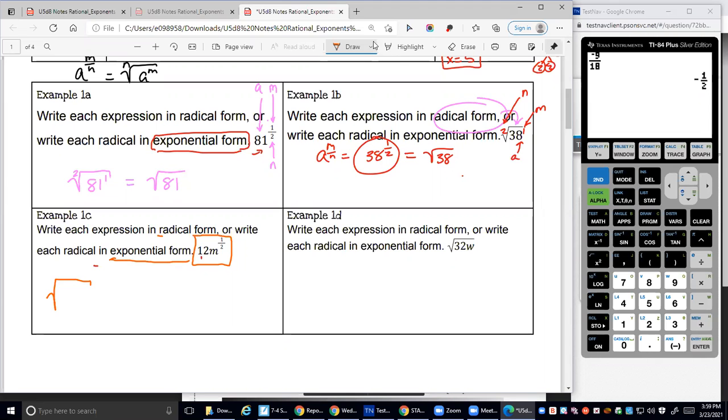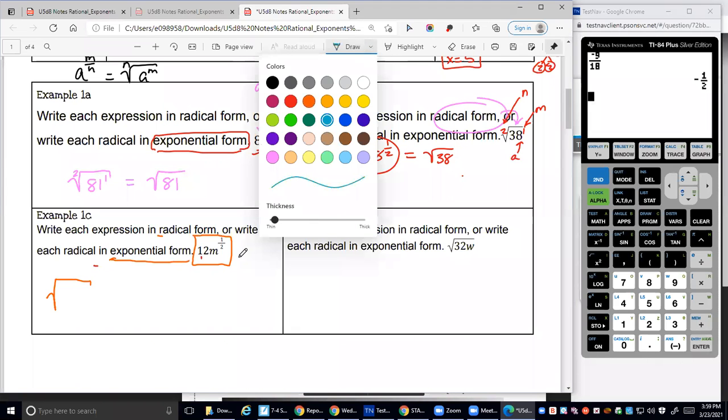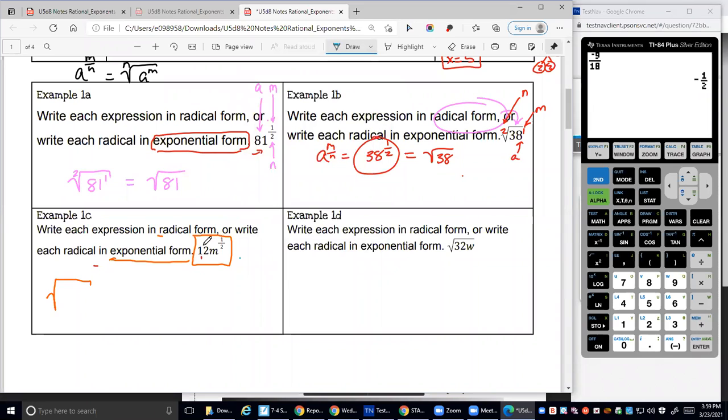So I think what was really important, especially after yesterday, right? We talked a little bit about this one. It's important to remember that 12 has an exponent of 1, right? The exponent of 1/2 only applies to m, right? And so this is what I'm going to say. If the exponent is a fraction, then it can be under the radical.